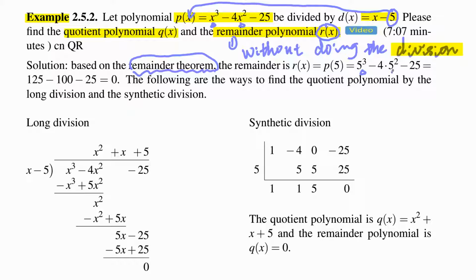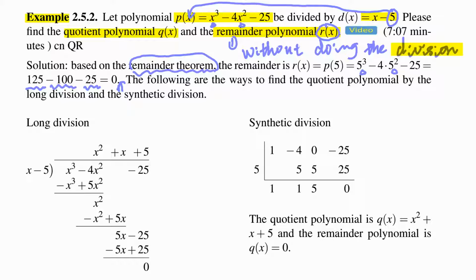You plug in 5 here, you get 5 squared. So then you have 5 cubed is 125, and 4 times 25 is 100. And then minus 25. Okay. So we actually got 0.